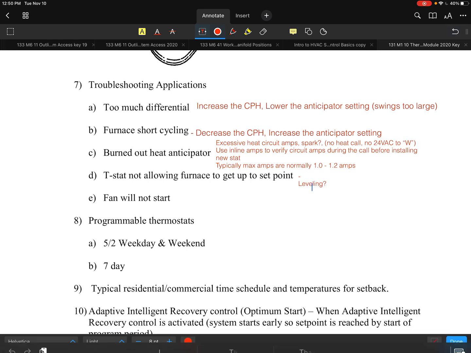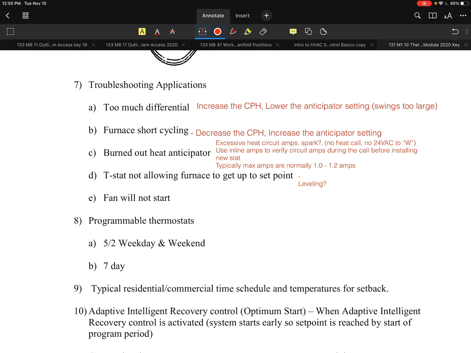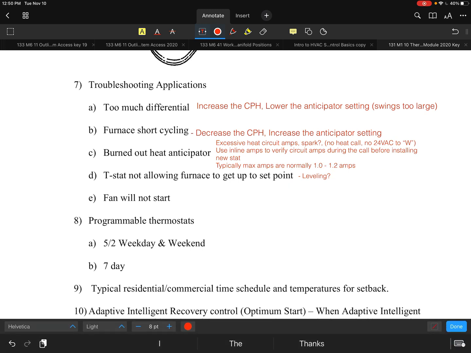Try to figure out if the thermostat was relocated by somebody. And obviously leveling, I should put a note on there, that's mercury only. If it's a mechanical thermostat and not a mercury thermostat, it's irrelevant. If it's a programmable, it's irrelevant. It's just cosmetics.